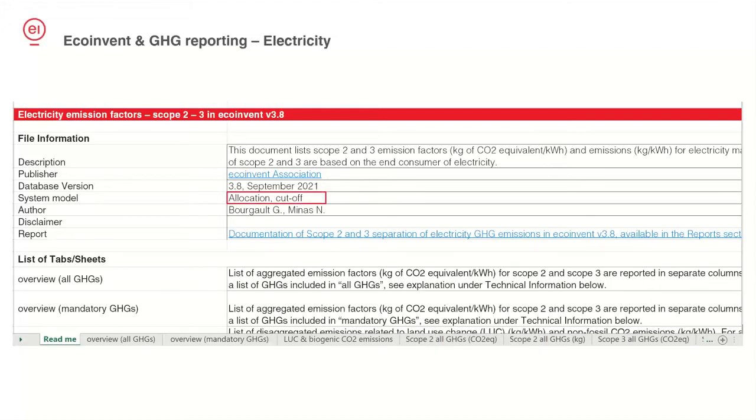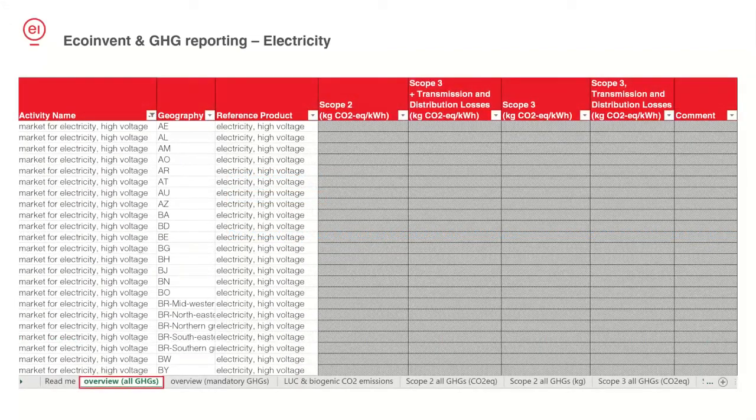Again, the calculation of the Scope 2 and Scope 3 emission factors is done in the cutoff system model. As you can see here, the file contains 2 overview sheets, and the overview tabs provide the aggregated Scope 2 and Scope 3 emission factors.